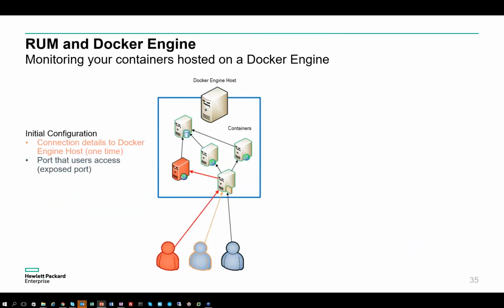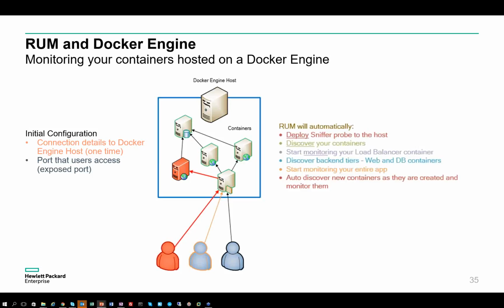The initial configuration is basically one where we connect the RUM probe to a Docker engine, and for that we just have to provide a user, the IP of the host, and obviously the port number. As a result of that, RUM will automatically deploy the sniffer probe to that host through the connection to the REST API of the Docker engine.